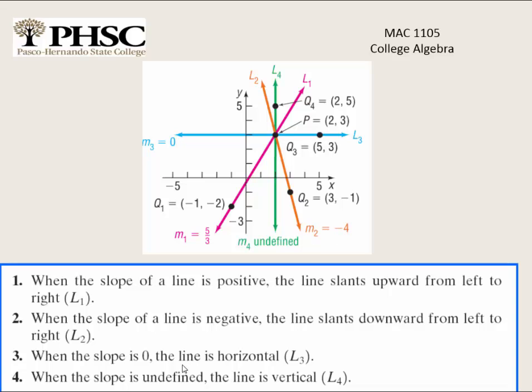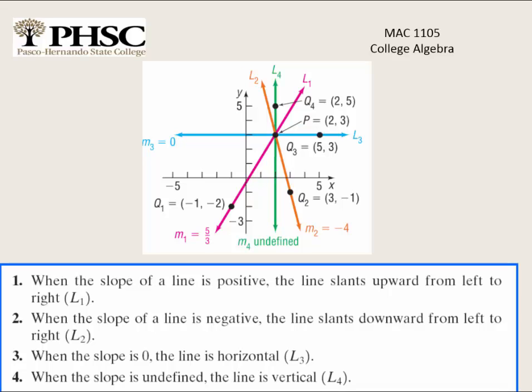When the slope is 0, the line is horizontal, and that will be line L3, the blue line. And when the slope is undefined, which is L4, that would be a vertical line. So again, slope 0 is a horizontal line, a vertical line has undefined slope, going up from left to right is positive, and going down from left to right is negative.